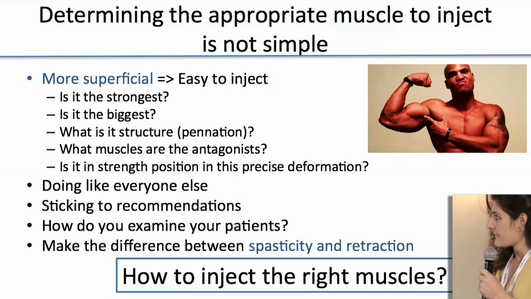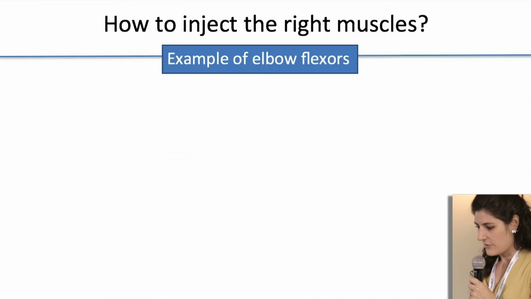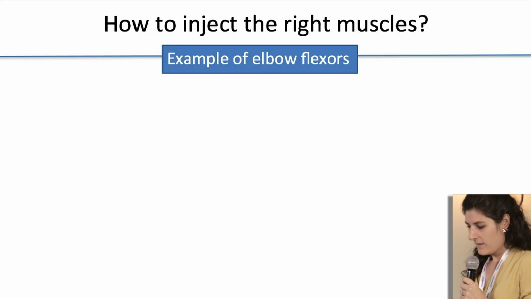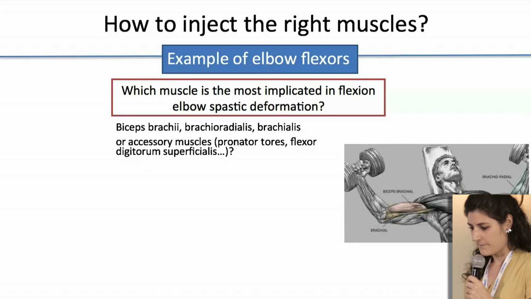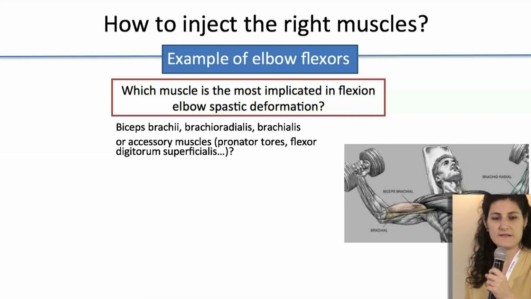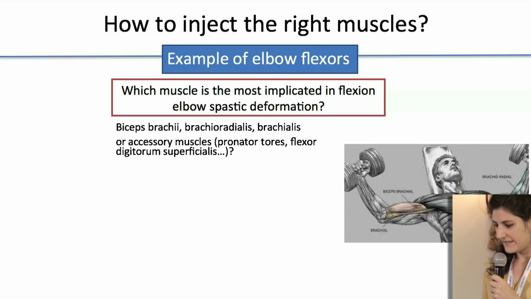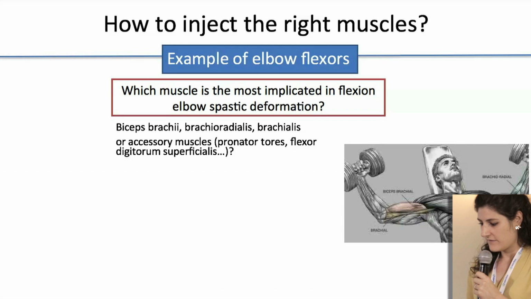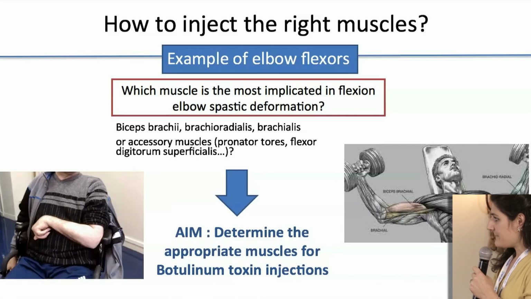We took the example of the elbow flexors. According to the literature, there are 3 main elbow flexors that can lead to spastic deformations: the biceps brachii, the brachioradialis, and the brachialis. There are also accessory muscles, and the aim, obviously, is to determine the appropriate muscles for botulinum toxin injections.